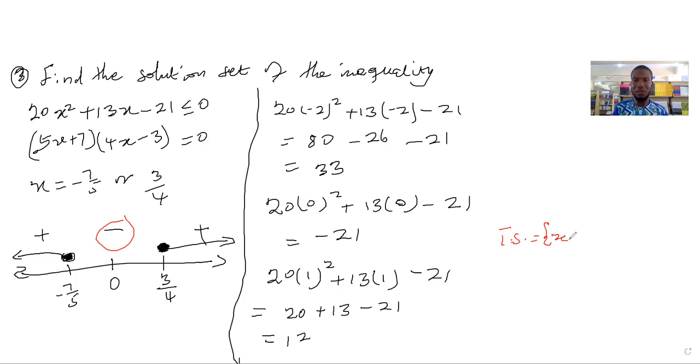So you're going to have x is such that negative 7 over 5 less or equal to, remember we shaded here, so less or equal to x less or equal to 3 over 4. And then that is our conclusion.